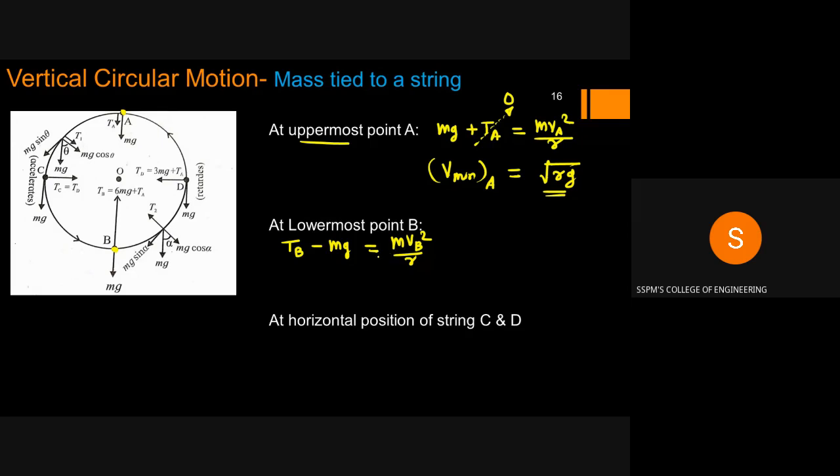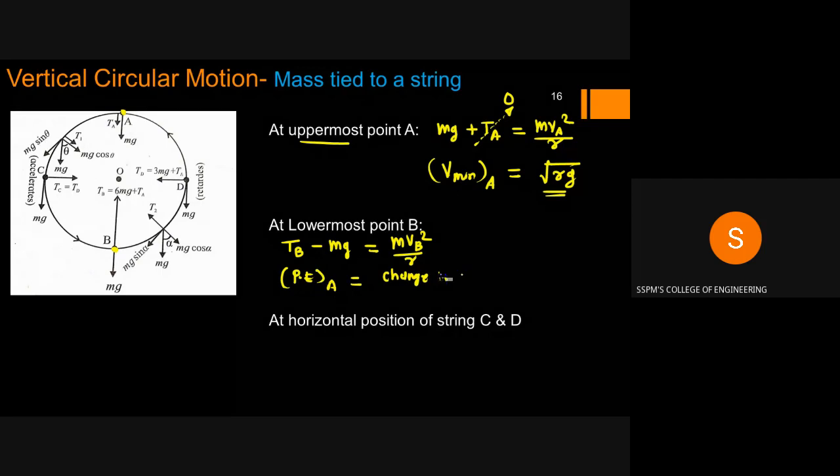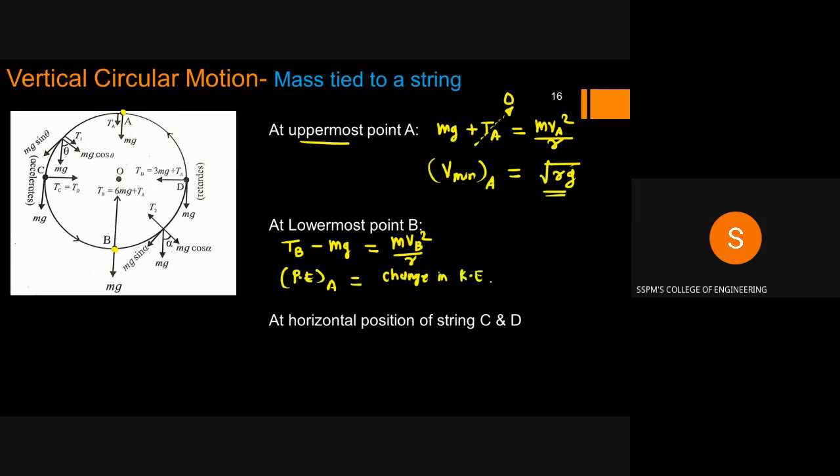And the second equation to calculate the velocity at point B is that we have to use the potential energy and the kinetic energy. So the potential energy at point A is equal to the change in kinetic energy from point A to B. So its equation is mg into 2R.